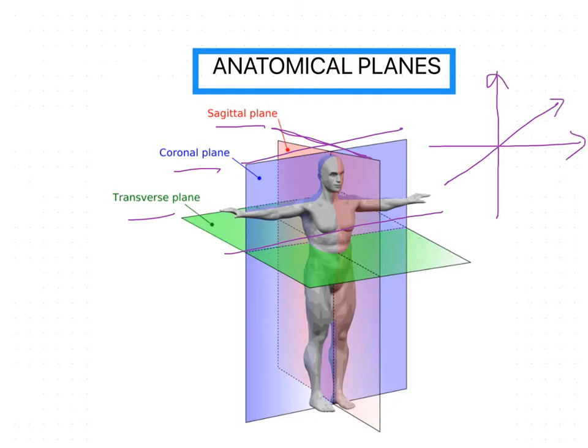Now, what are the other uses of these anatomical planes? One is to describe the sectional views of a part of the body or an organ.